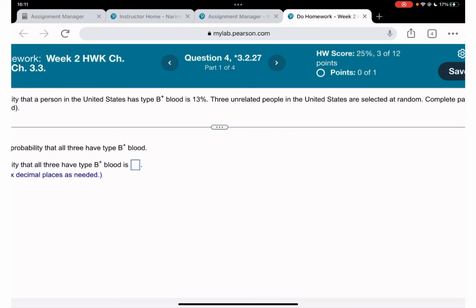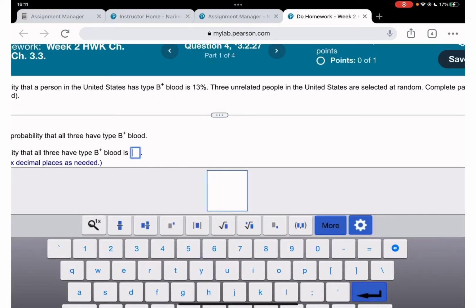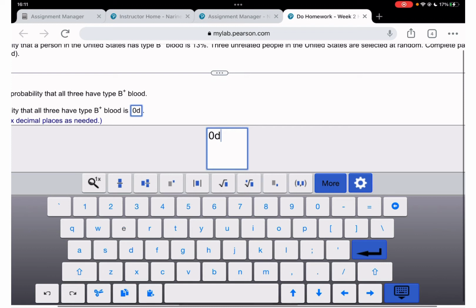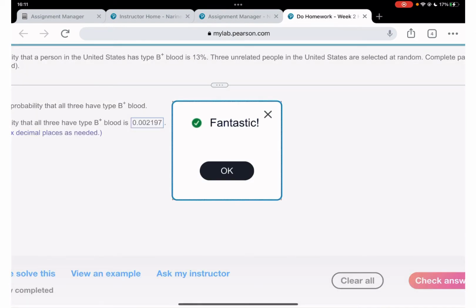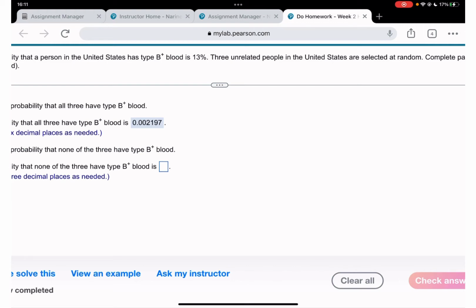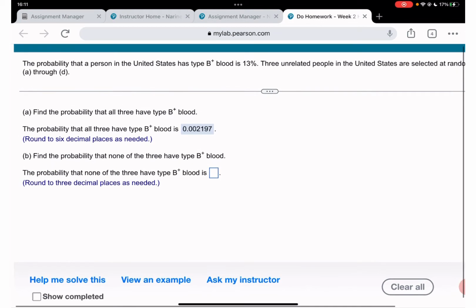There we go. So 0.002197. 1, 2, 3, 4, 5, 6. Okay, fantastic. Next question. Find the probability that none of these have type B plus blood.